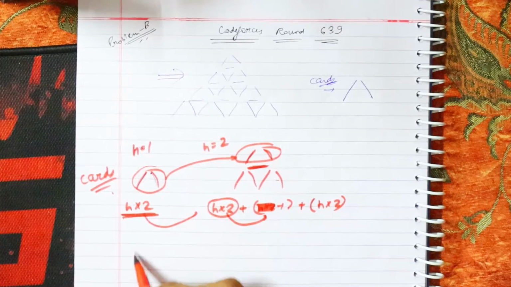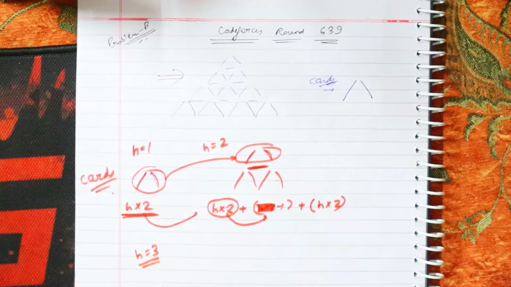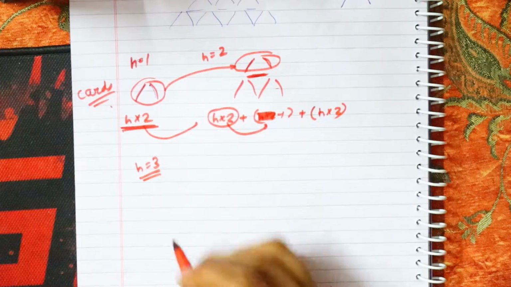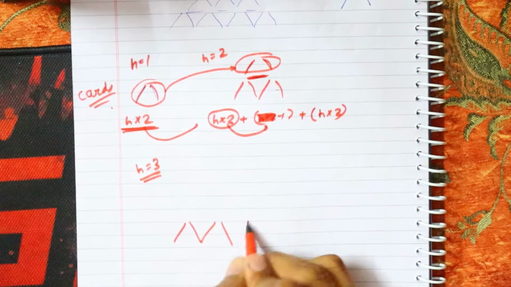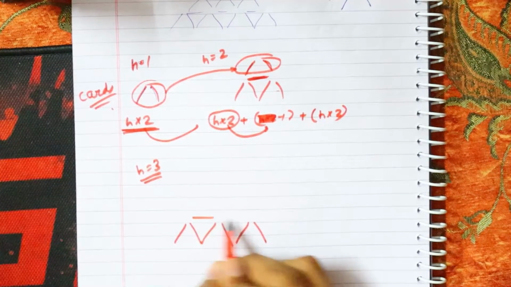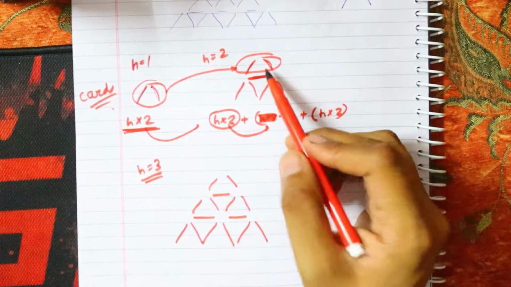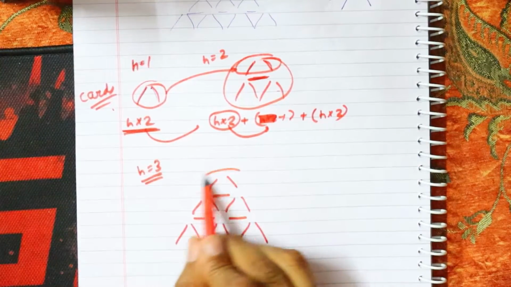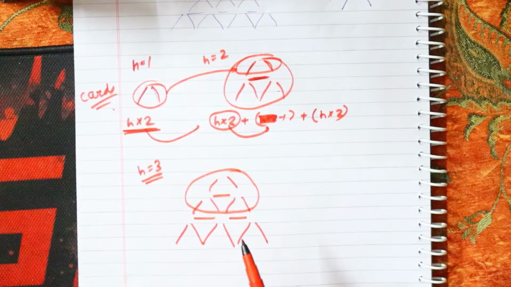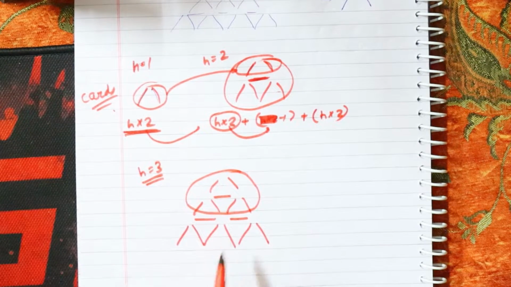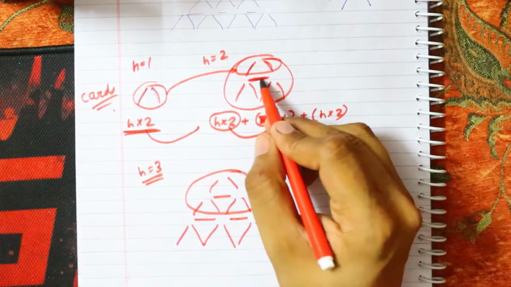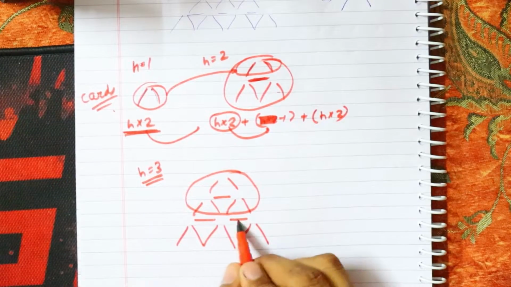Now if I had h equal to 3, understand what will happen. I will have it like this, like this, like this. As you can see, from the last one this whole part is repeating. Then I added 2 here. First I added 1, now I added 2.